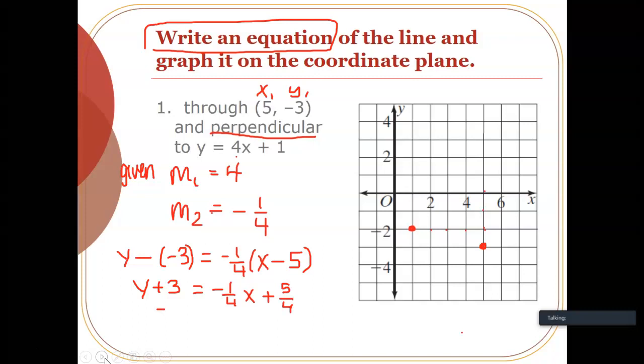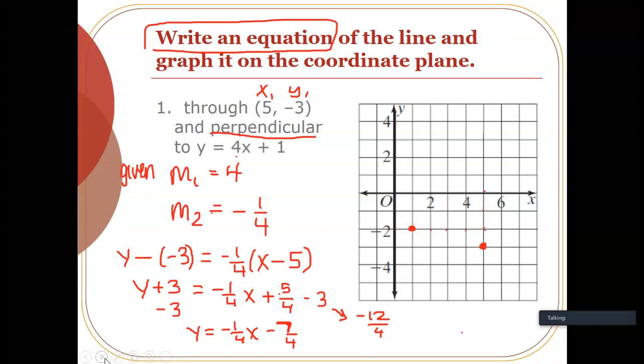Subtract 3 from both sides. And we get y equals -1/4 x. -3 is really the same, because it doesn't have a common denominator, as -12/4. So -12 and 5 gives -7/4.